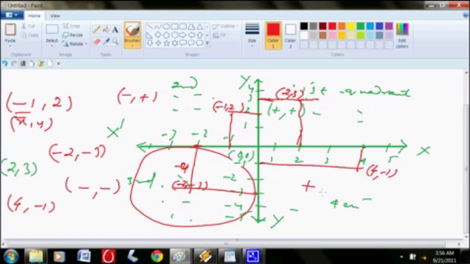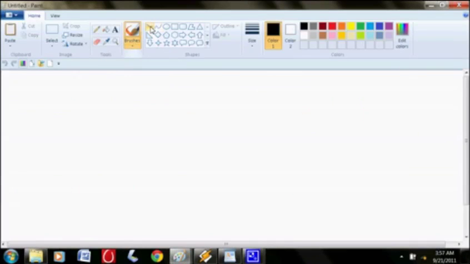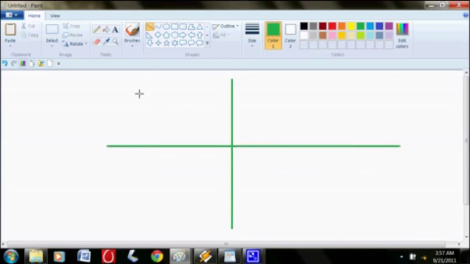Any number lying here is plus and minus. So that way I can make out that this is plus plus, this is minus plus, this is minus minus, and this is plus minus.